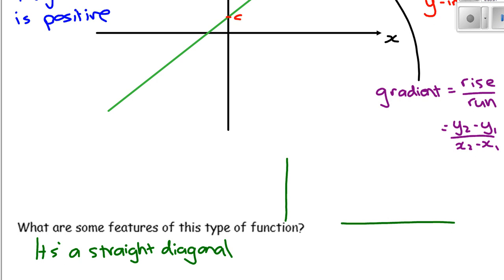The gradient of 0 would be the horizontal one, because the rise is 0 over an infinite run, so that equals 0. Whereas the gradient of a vertical line would be undefined, because it's an infinite rise over a run of 0, and you can't divide by 0 in maths. So vertical gradients are undefined. If it's a linear function, it's got a gradient that's non-zero and defined. So it's a straight diagonal line.